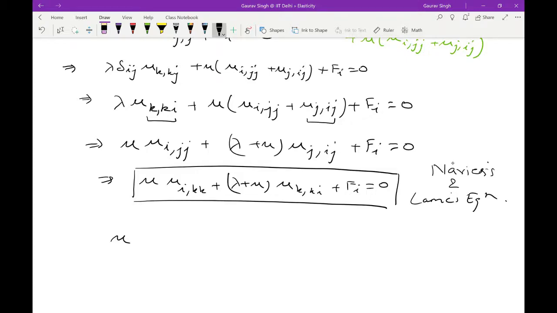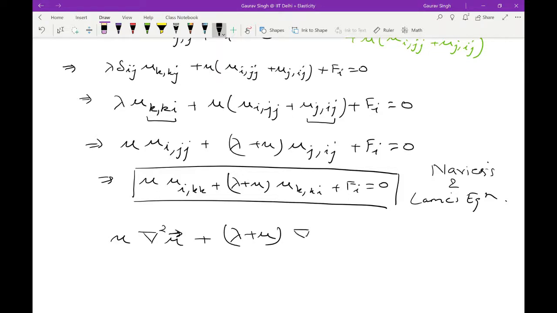And this you can write as mu into the square, in terms of the Laplacian. So if you do not exactly know how this Laplacian is taken, please check any basic mathematics book and you should know what is the Laplacian of a vector. Okay, here u I have written with a vector sign, so you should note that.